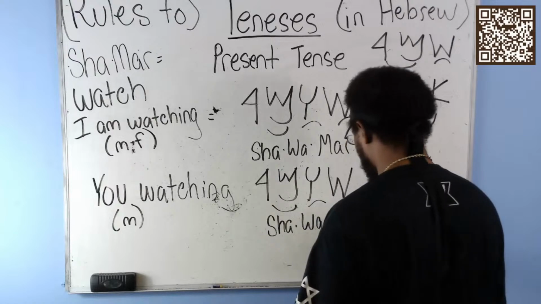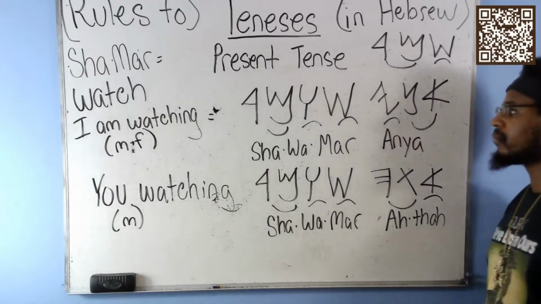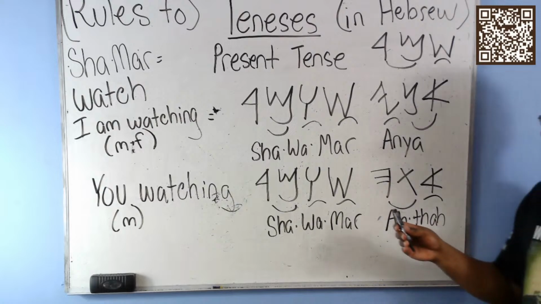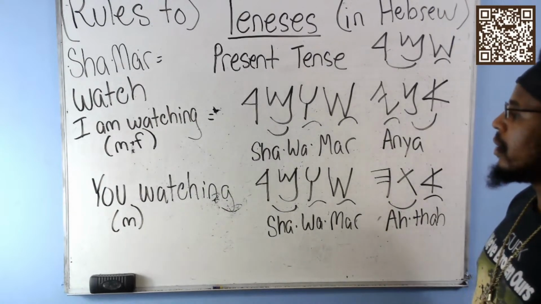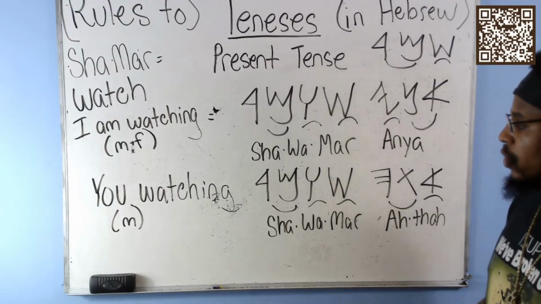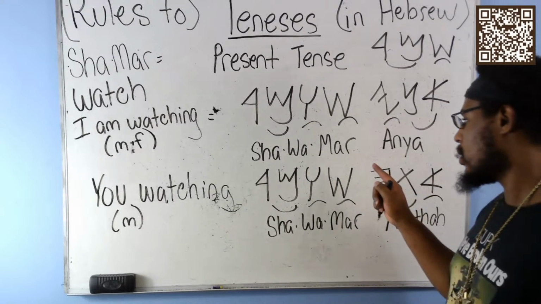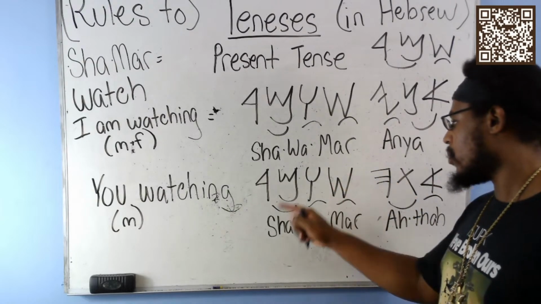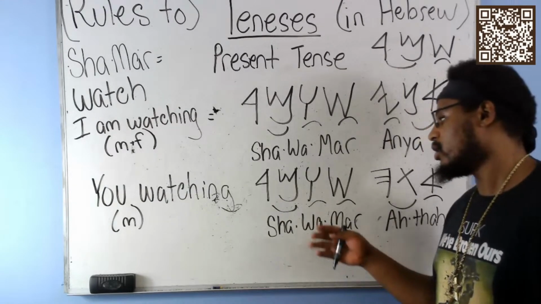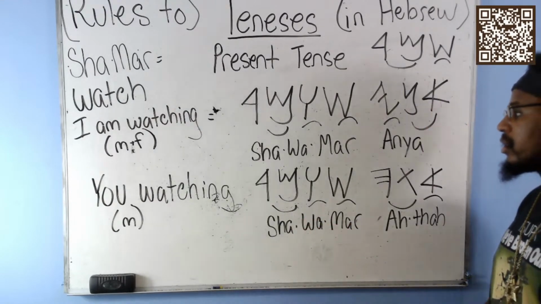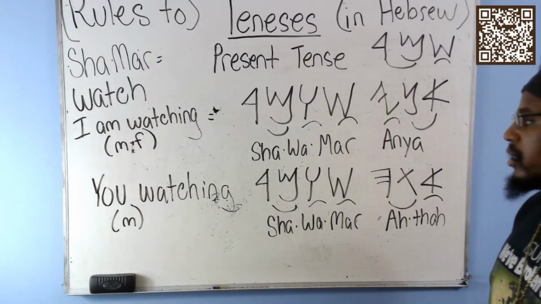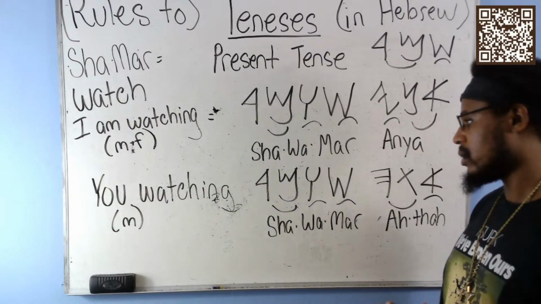So for second person masculine in the present tense, we have Shalom. Atha means you, and Shalomar means watching in the second person masculine present tense.